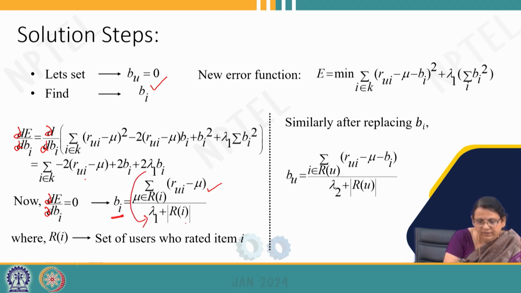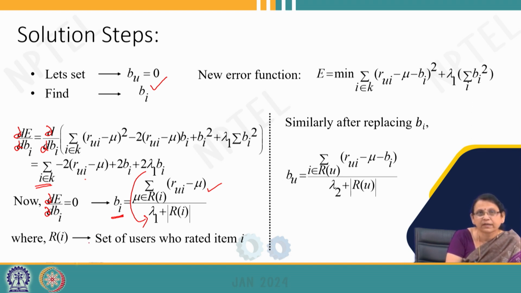Now, this BI, how many? This is the same as summed over 1 with respect to this particular set K. What does the set K contain? The set K contains all the available user item pairs.